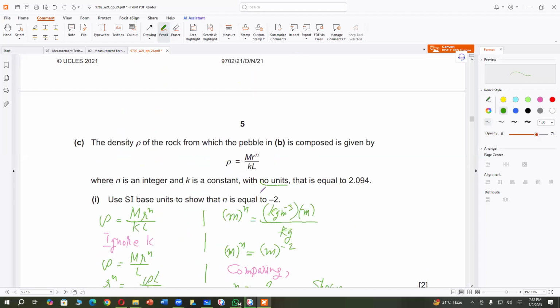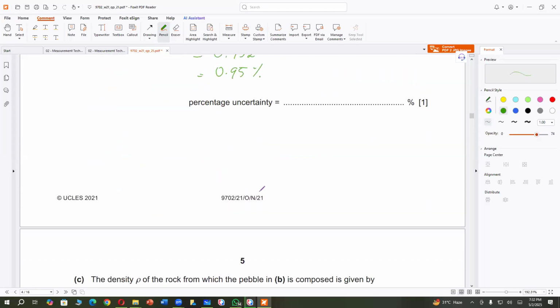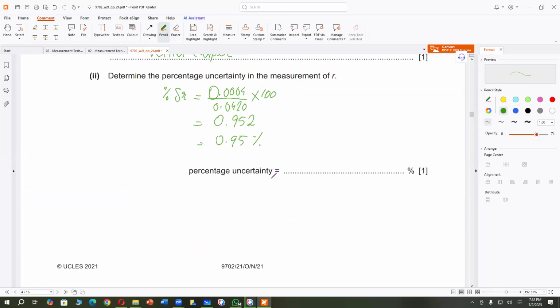Specially note, I'm not taking the negative sign of 2. Uncertainties are never subtracted.